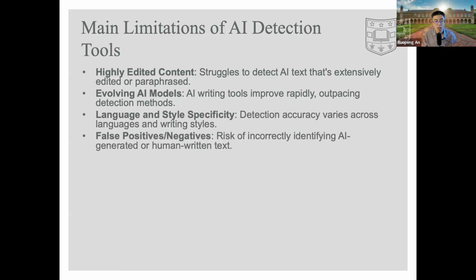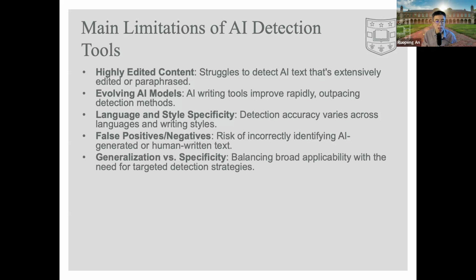And of course, a lot of tools give you a lot of false positives and false negatives. So there's a great risk of incorrectly identifying AI-generated or human-written text, right? And it creates a lot of anxiety and maybe unfairness to students and to trainees, whose text were mistakenly considered as being AI written.